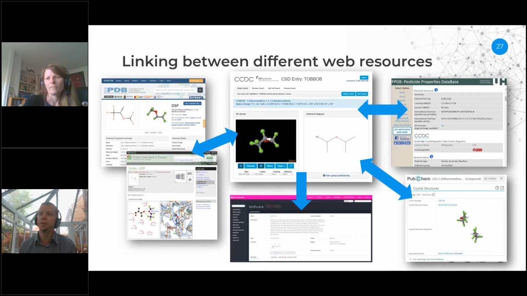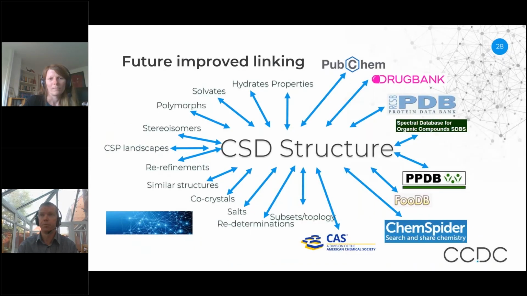And this allows our users and users of these other web resources to discover new data that they potentially could be interested in. And over the next few years, we want to extend linking both between entries in the CSD and to other data resources. We see improved linking has been really important in allowing users to discover new and exciting insights, both from the data in the CSD and from other external data sources.